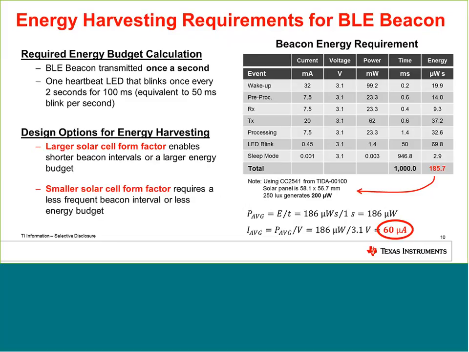Now, using a TI part, the CC2541 from TI Design 1000, we can see that to obtain that kind of energy, we are using a solar panel that at 250 lux will generate 200 microwatts. That is equivalent to the energy that we will need for the beacon, and we can see that our required current is in the range of 60 microamps.